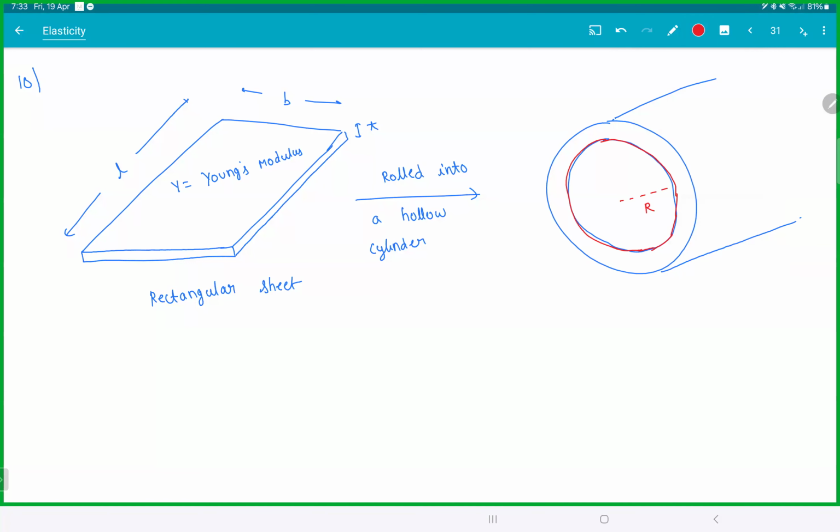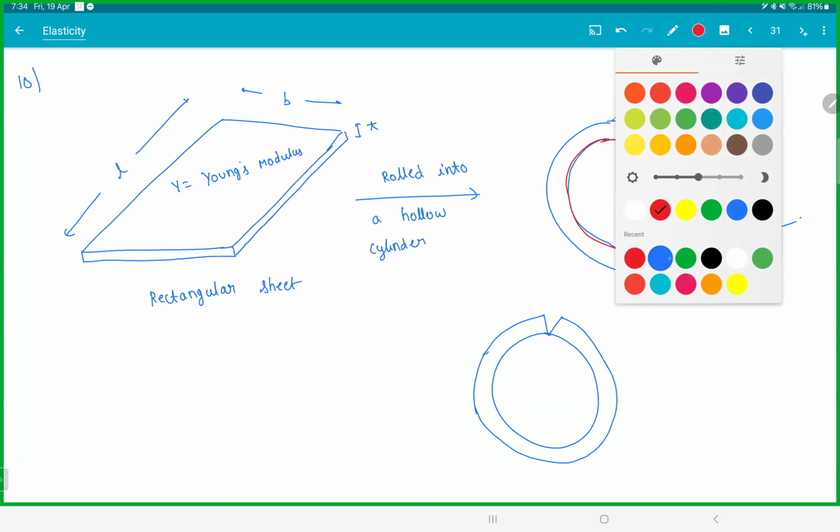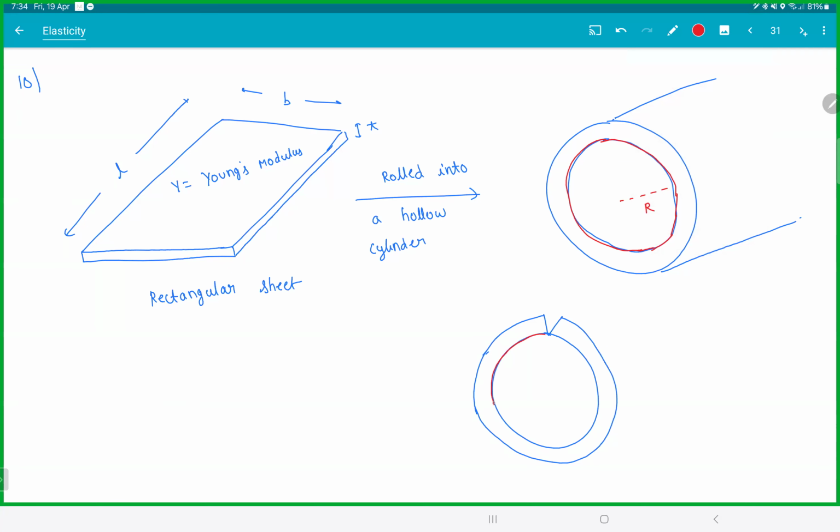Now, technically, if you see this, how is this thing rolled? If you don't roll it properly, this is how it would have looked. In this, there would be a gap, because it's a rectangle. If you see, the outer layer has to stretch more than the inner layer. You won't get a full cylinder without stretching a bit.